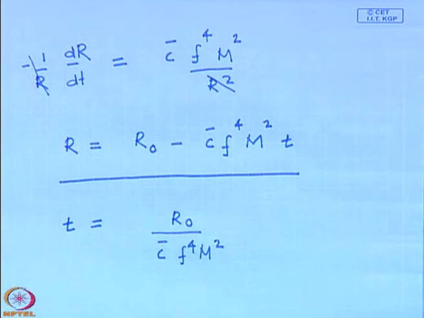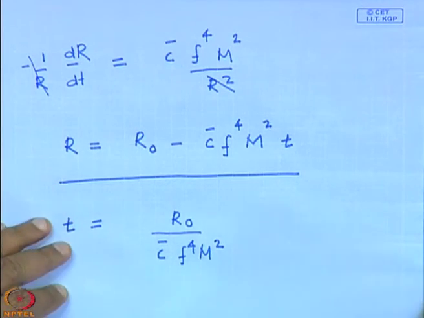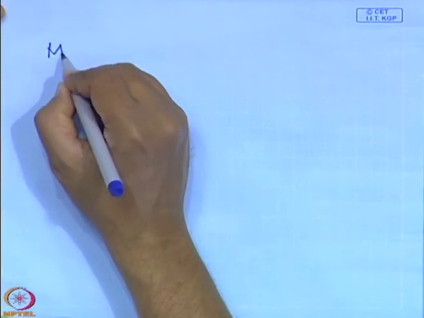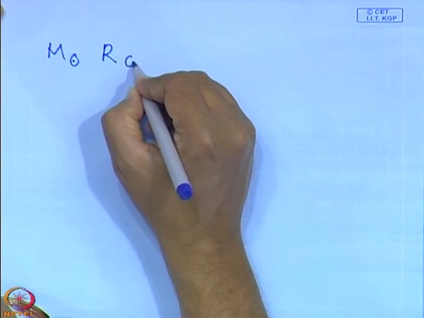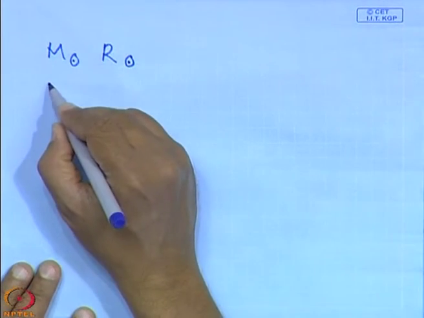Okay. So, having done this, let me now leave the remaining problem to you. You have to estimate the time it takes an object of the mass of the sun and the radius of the sun to collapse.